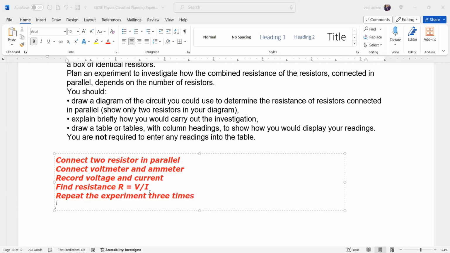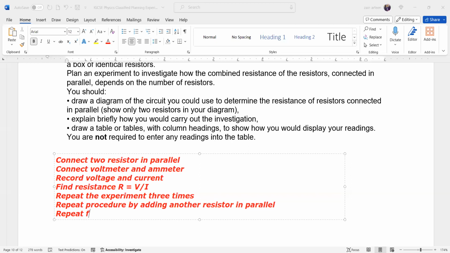Then repeat the procedure by adding another resistor in parallel, and then repeat for 5 sets of resistors.